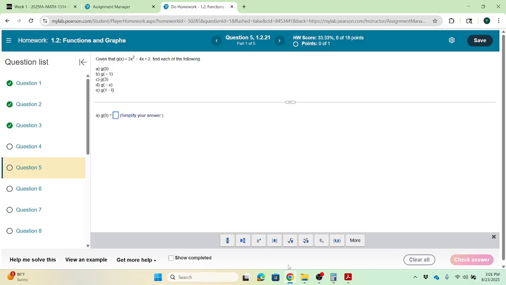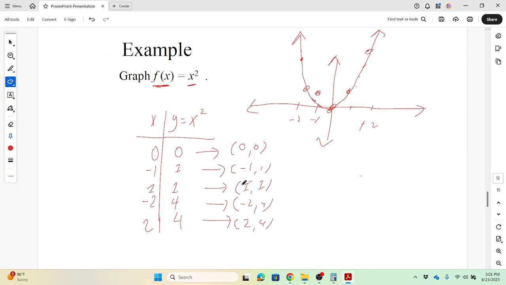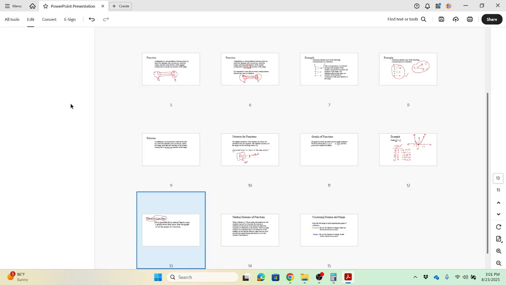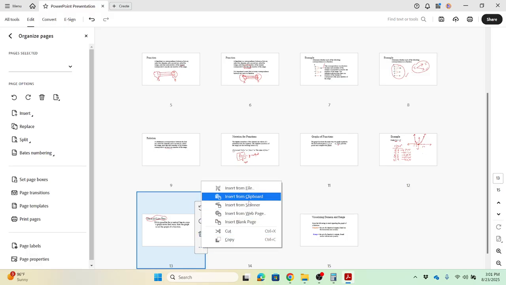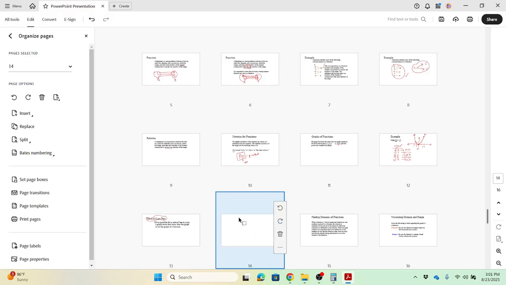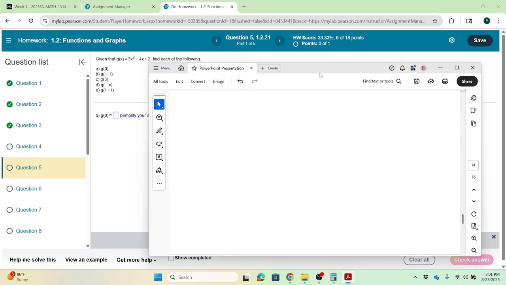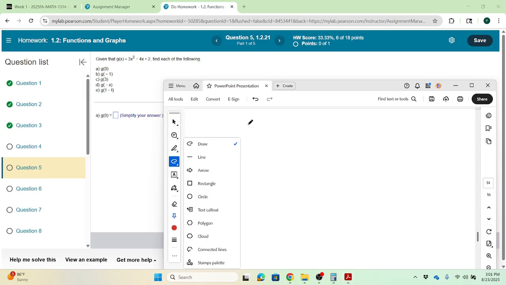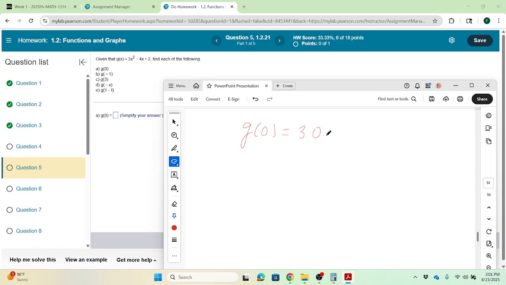If x is 0, g of 0 means 3 times 0 square minus 4 times 0 plus 2.